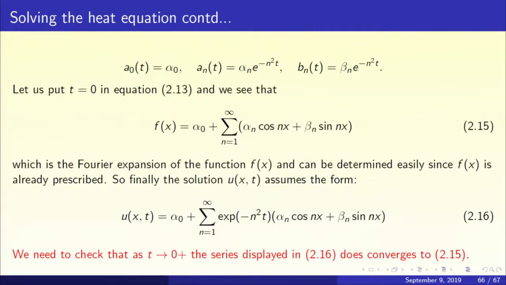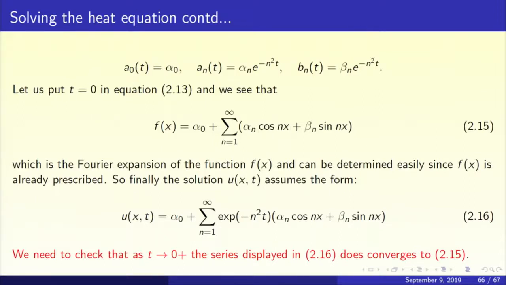Namely, u of x, t is alpha naught plus summation n from 1 to infinity of e to the power minus n squared t times alpha n cos nx plus beta n sin nx. We still have to check that as t tends to 0 plus, the series on the right hand side of 2.16 does indeed converge to f of x.